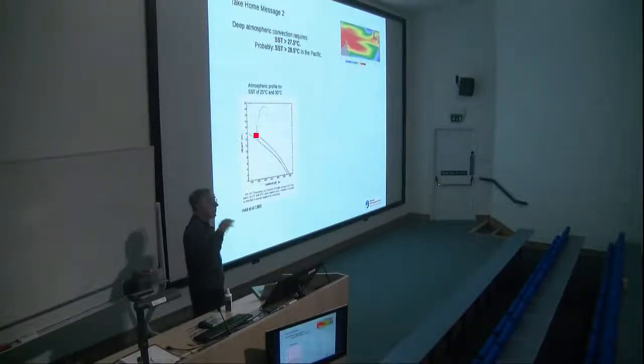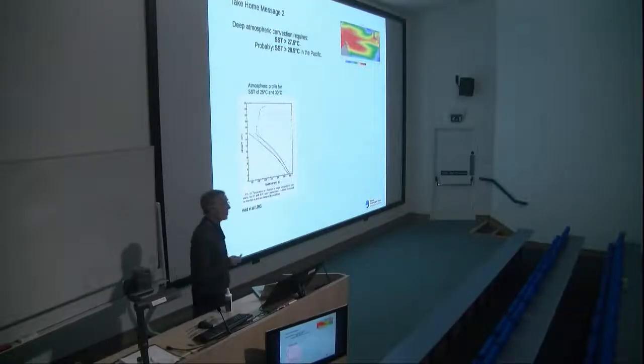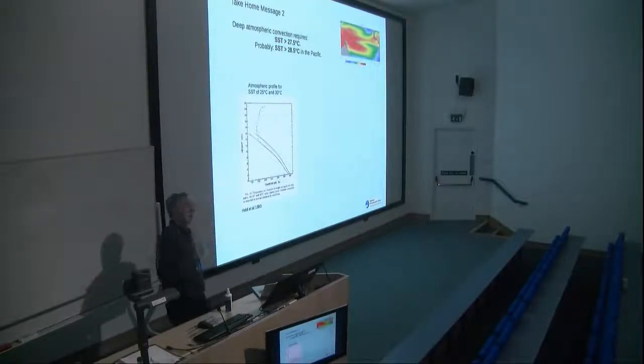So right up to the top of the atmosphere. If the temperature is too low, if it's a few degrees below that, the convective clouds just can't get up high enough. So you're only going to get deep convection if your temperature's above 300 Kelvin, so that's getting on for 30 degrees centigrade. Anything below that, forget about it.